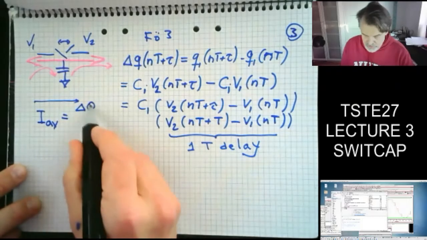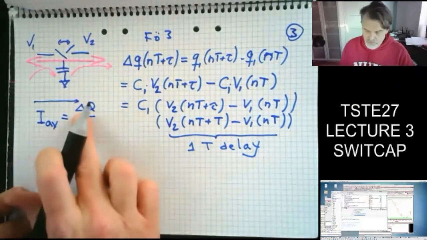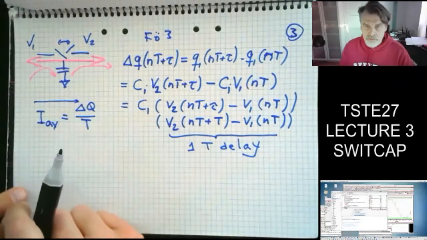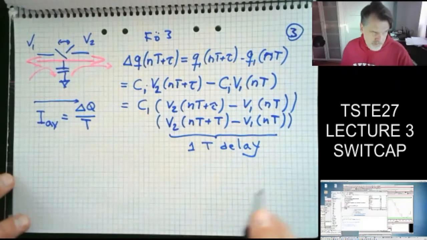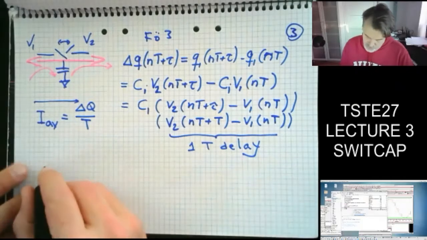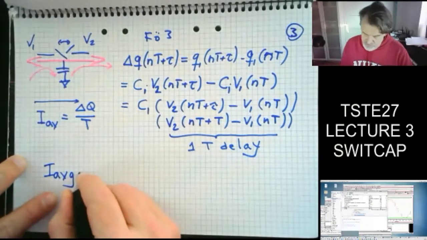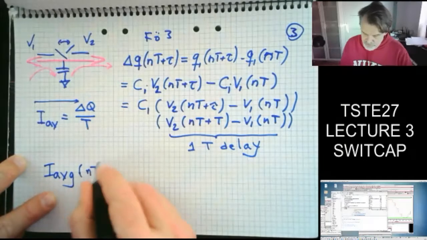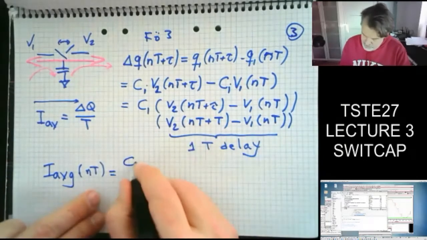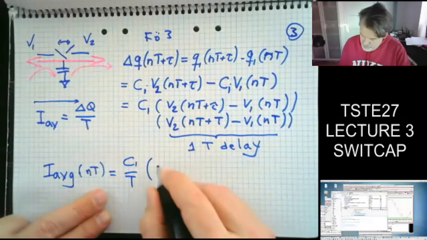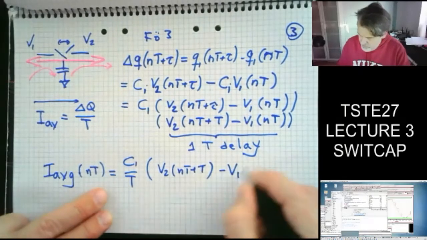That's going to be delta Q divided by T. So difference in charge divided by the time it takes to perform this operation. So if we combine this, then the I average of this clock cycle is going to be C1 over T times V2 of nT plus T minus V1 of nT, like this.